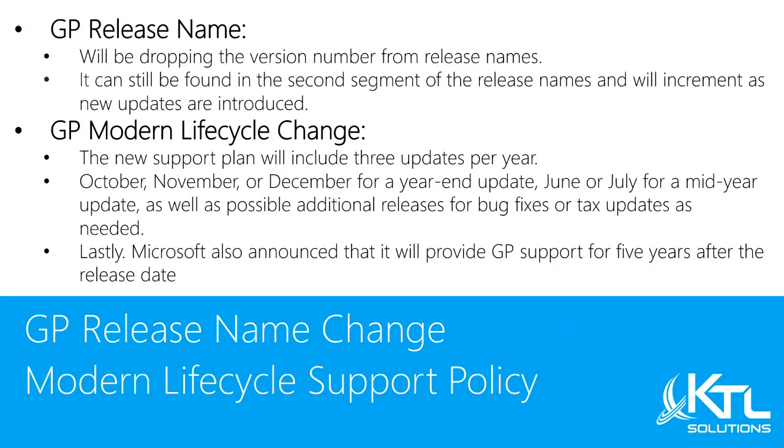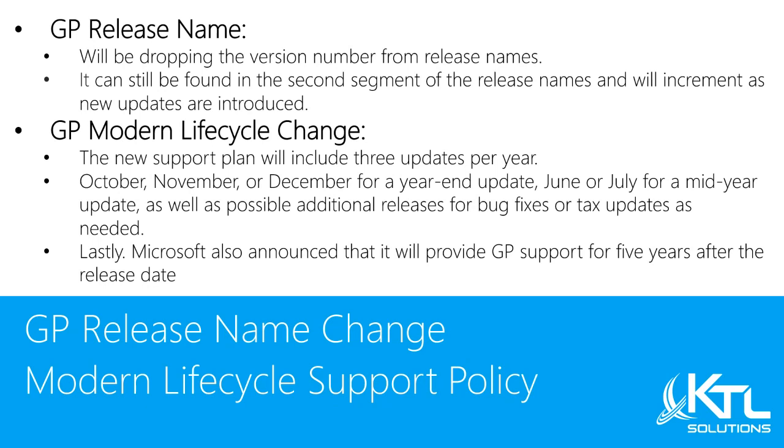A couple of quick things that are fairly minor: they've made a change that they're no longer going to refer to GP as GP 2018 or 2019 or with the year. They're dropping the version number, and they're moving not only the naming but the modern lifecycle change to really be consistent with the rest of the Microsoft products.